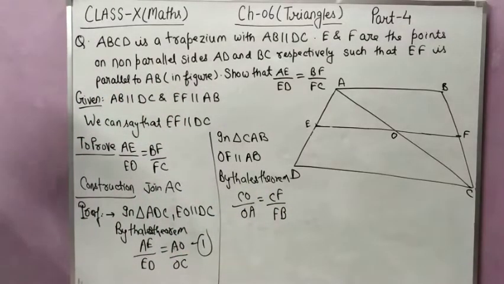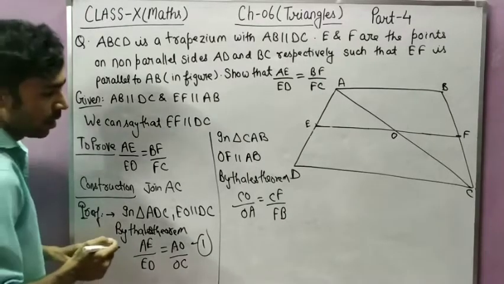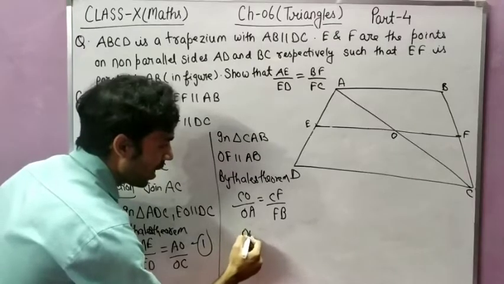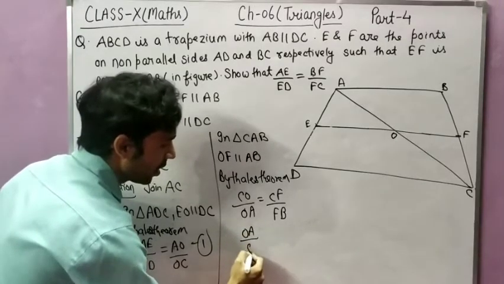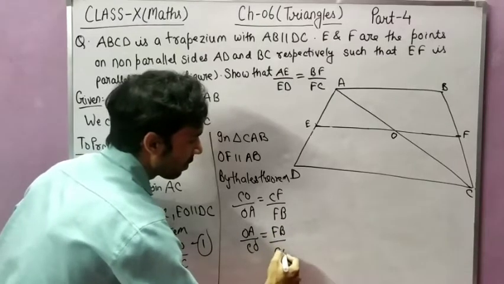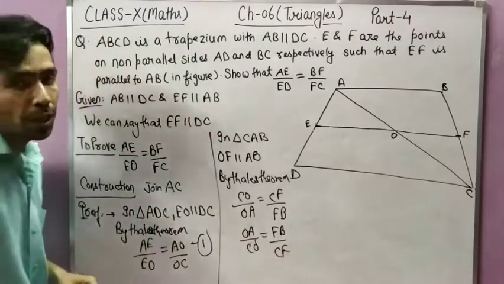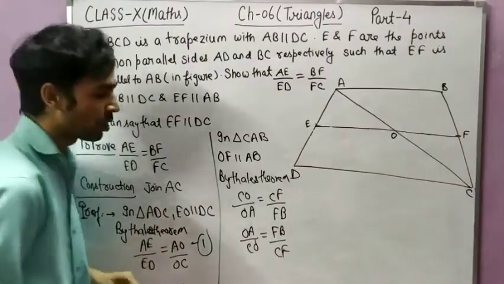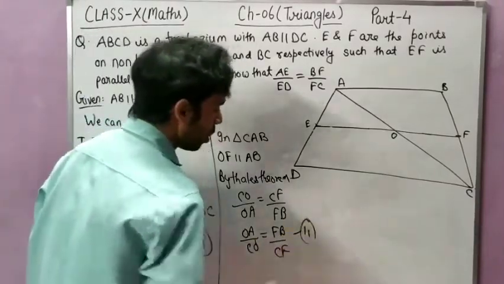Now, student, this can also be written as OA upon CO is equal to FB upon CF. I have done the reciprocal. Why have I done that? Because I have to compare these two equations. So suppose this is equation number 2.